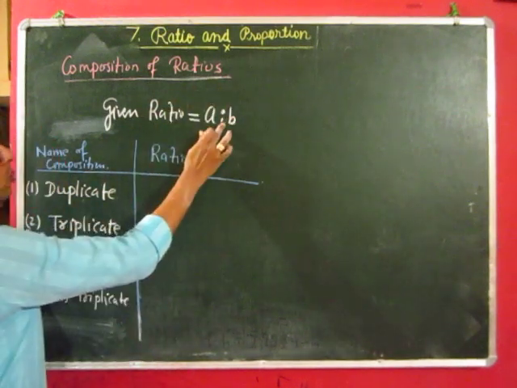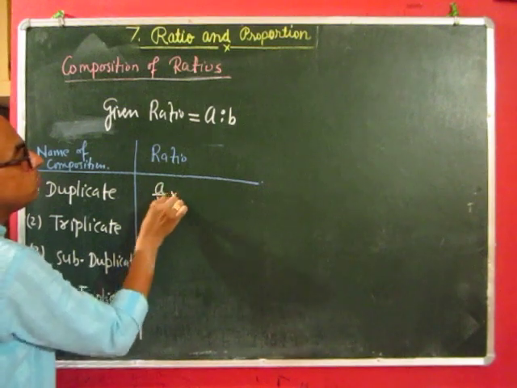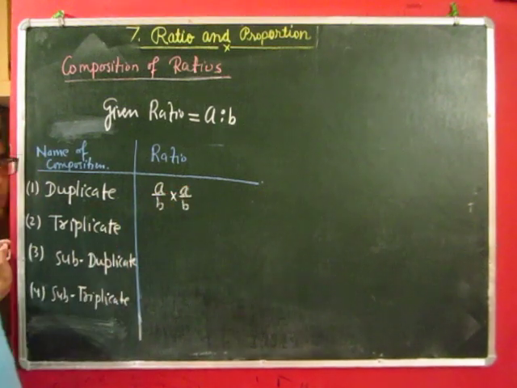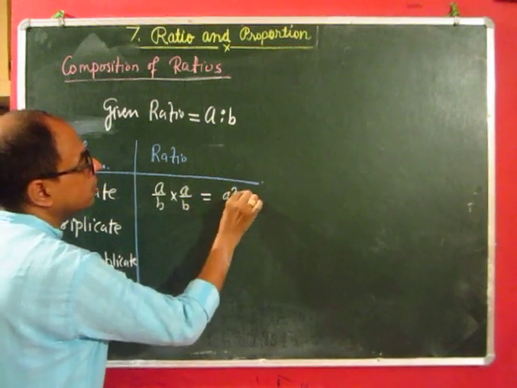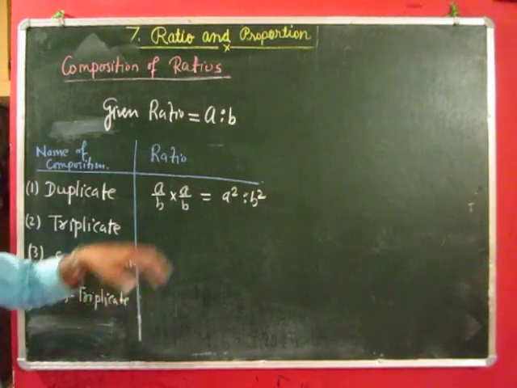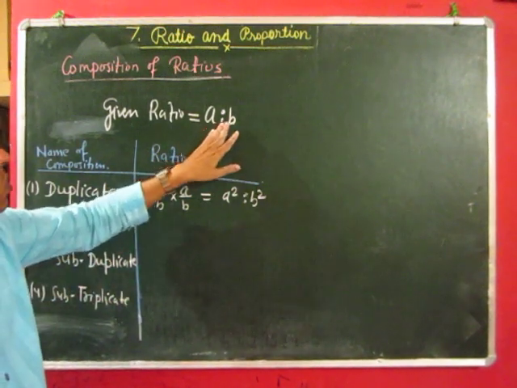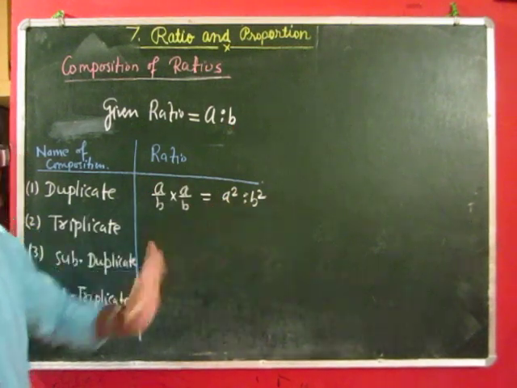It will be A by B into A by B, multiplying it 2 times. So it will be A square is to B square. The duplicate ratio of A is to B is A square is to B square.